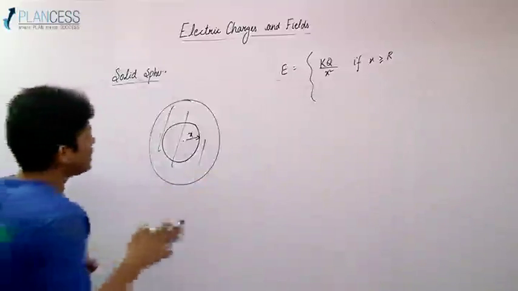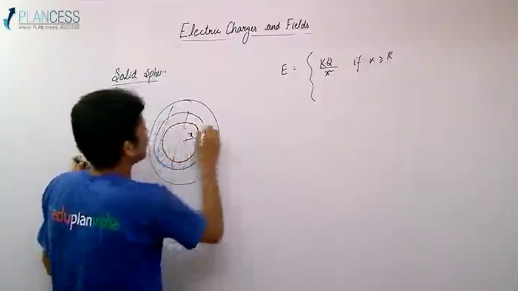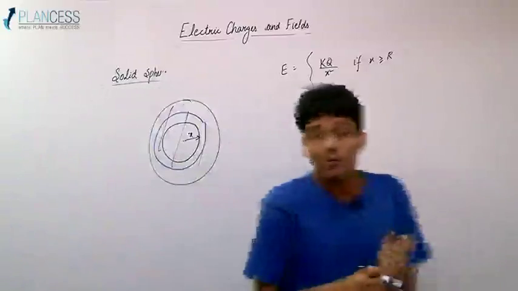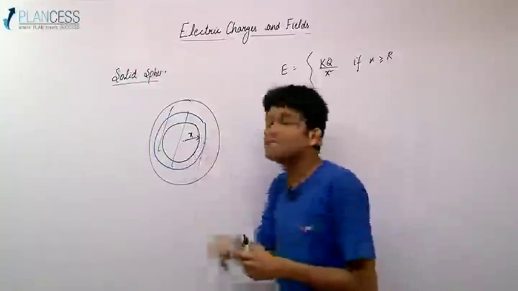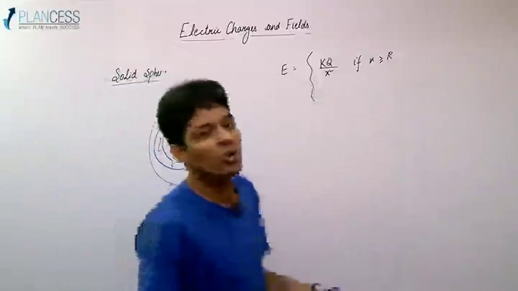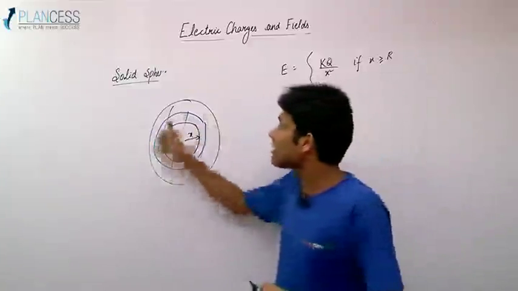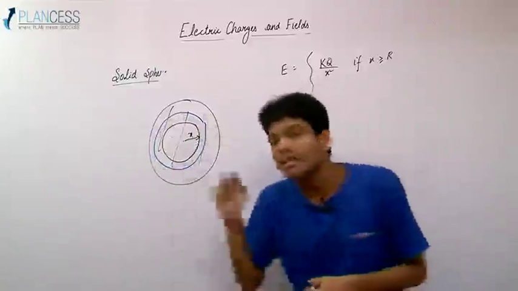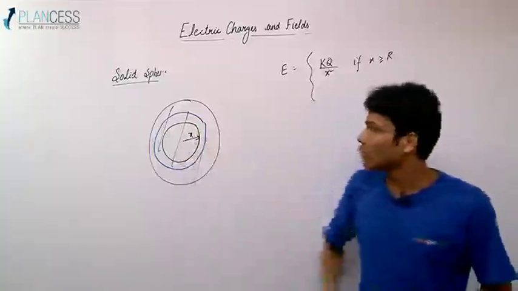If I consider any hollow sphere which is outside this distance x, let's say the hollow sphere in blue color, the point at which we are calculating the electric field lies inside that hollow sphere, and we know that the electric field inside a hollow sphere is 0, as we studied just now. So the electric field exerted by this blue hollow sphere at a point inside it is 0.